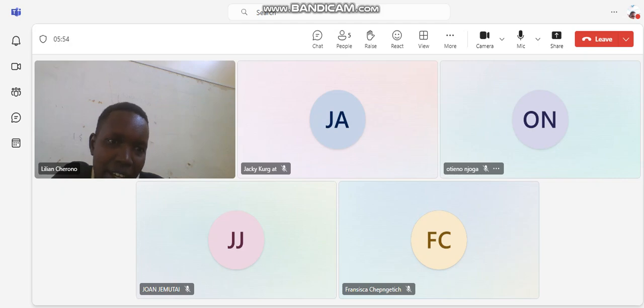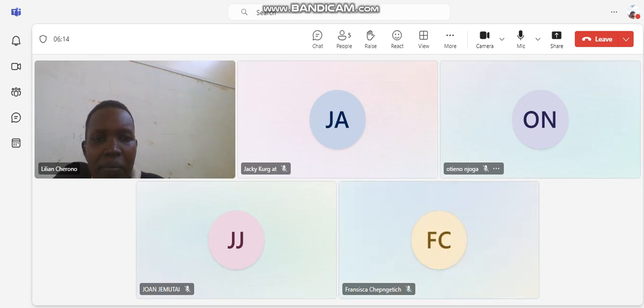Then we have the indirect staining, which involves the use of several dyes, and a good example is gram staining. So gram staining is a differential stain which differentiates the two groups of bacteria.